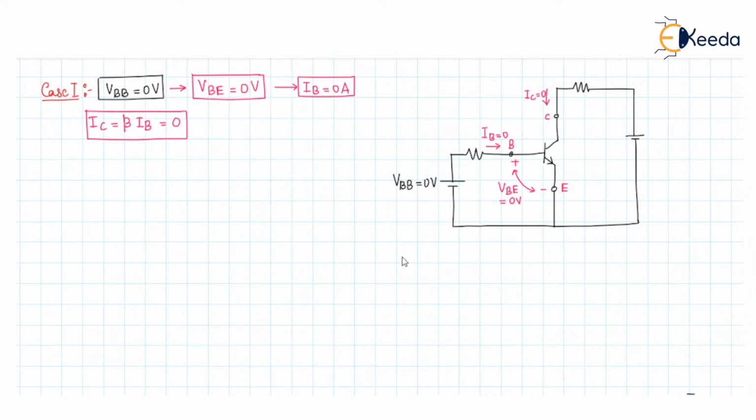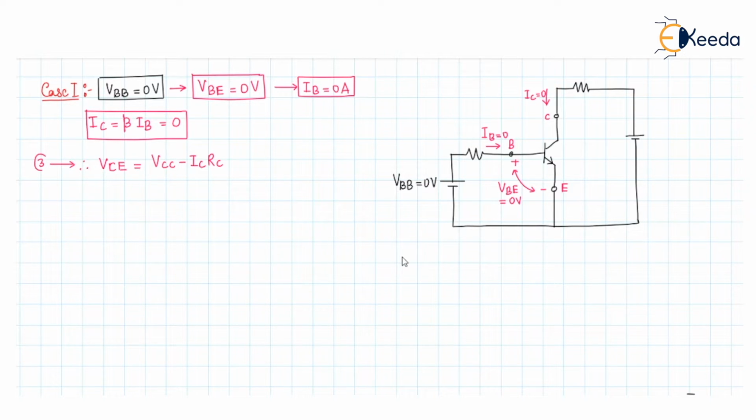Now from the third equation, we have seen that VCE is equal to VCC minus IC into RC.